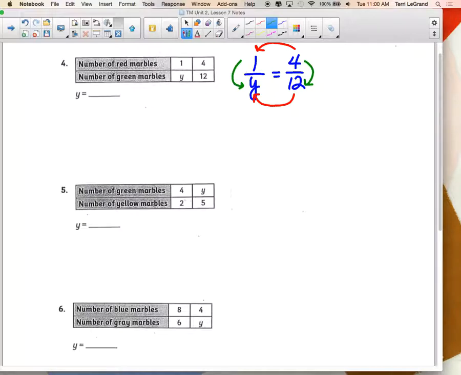Divide by 4. Aren't they both friendly? So you get to make a call here which one you want to do. It seems like we kind of like this one better than multiplying by 3, but we also could do the dividing way. So I'm going to write 2 different equations. You decide which one you want to do.